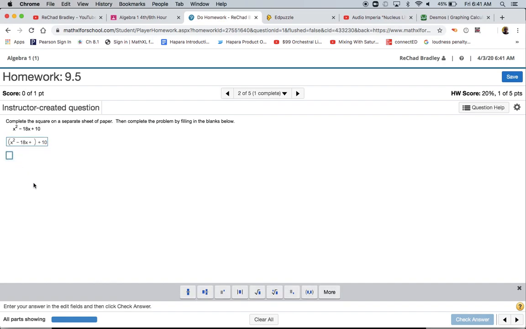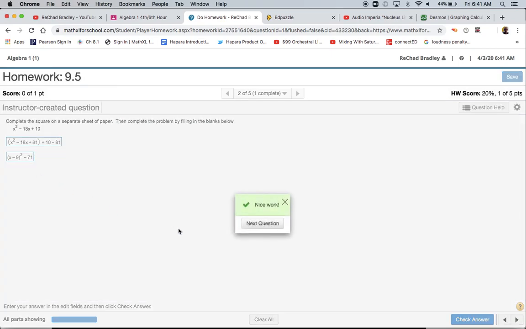And then that way you could actually set it up that way, to where now you do your x minus 9 squared, which then puts a 81 here. Just make sure you get rid of your spaces, otherwise it messes it up. And then subtract 81 here, and 10 minus 81 is negative 71, which should wrap it up the right way.